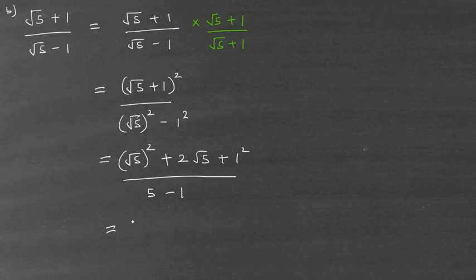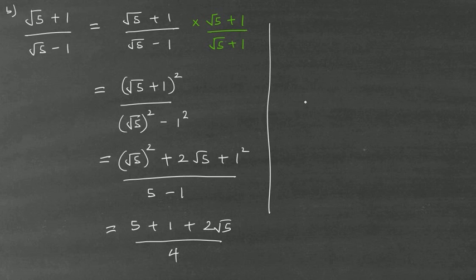This is a 5 plus this one here plus 2 root 5 over 4, and that one is equal to, we have a 6 plus 2 root 5 over 4.